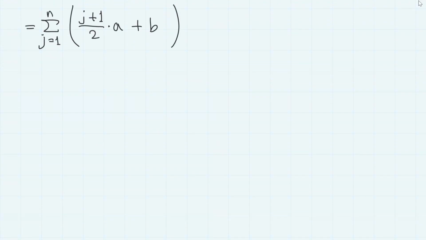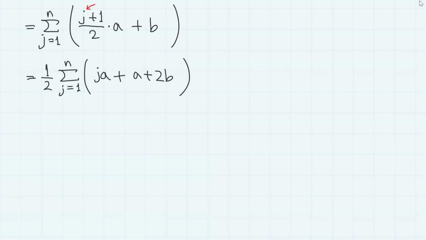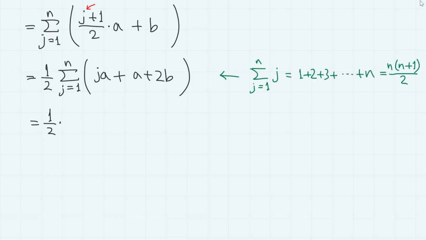In order to carry out this summation, it is beneficial to separate terms with the index j and without j. And we also take this 1/2 to the front. Then for the j part, we have ja, and for the non-j part, we have a plus 2b. So we have 1/2 times, by the summation of j, (n plus 1) over 2 times a.